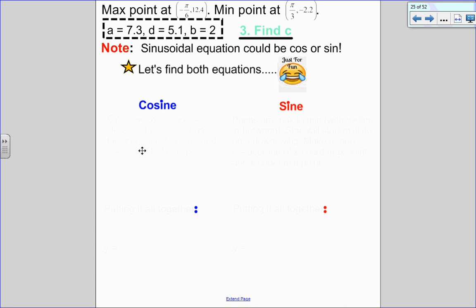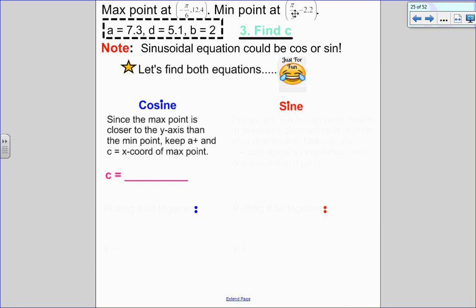So cosine. Since I have a max point that is closer than the min point. See how the max point is over just pi over 6 to the left? The min point is pi over 3, which is 2 pi over 6 to the right. So the max point is actually closer. So since we're going to use a max point, A stays positive, because it's positive for max, negative for min. So C is going to be the x-coordinate of that max point, so it's going to be negative pi over 6.